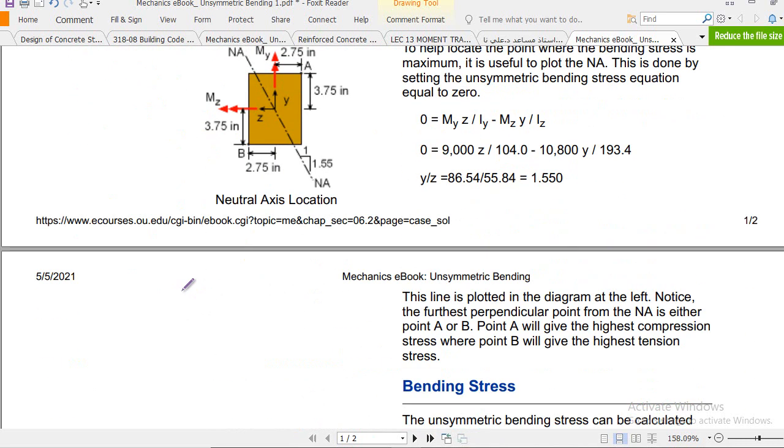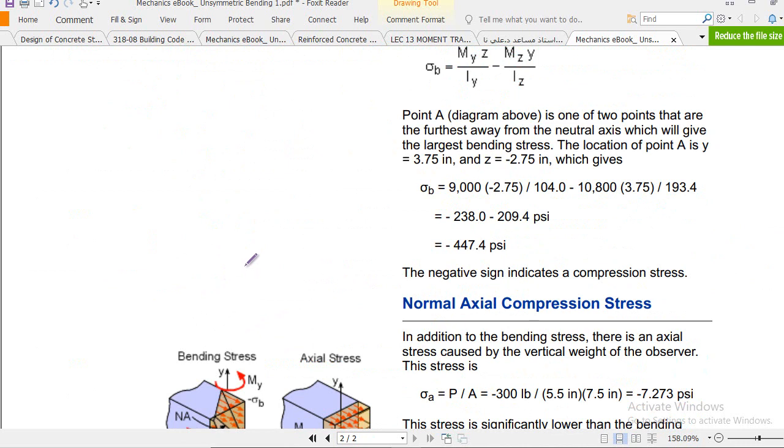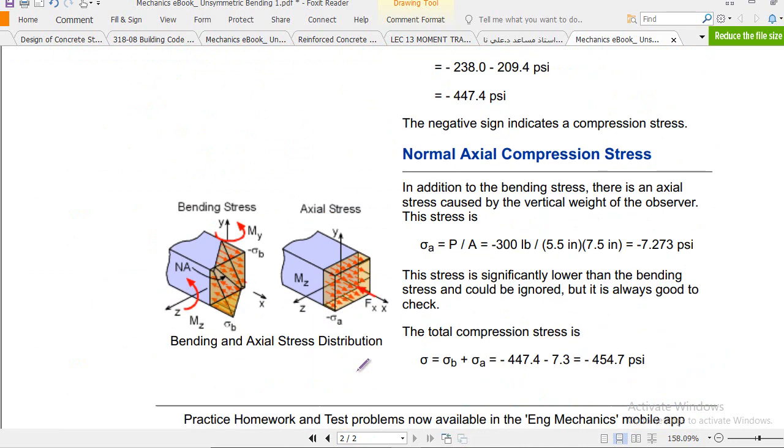These will be the net resultant stresses. It is very important to understand that P by A is the direct compressive stress caused by the load of the person. Here the complex thing is the moment due to Y and the moment due to Z at the different corners of the section. Some corners are in tension, some are in compression.